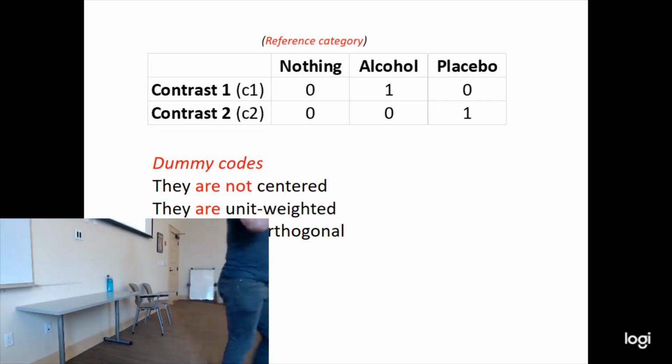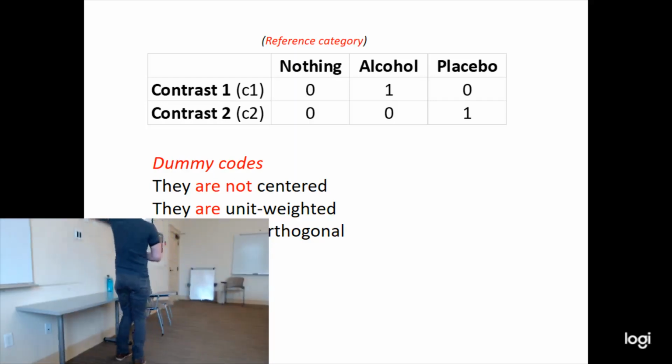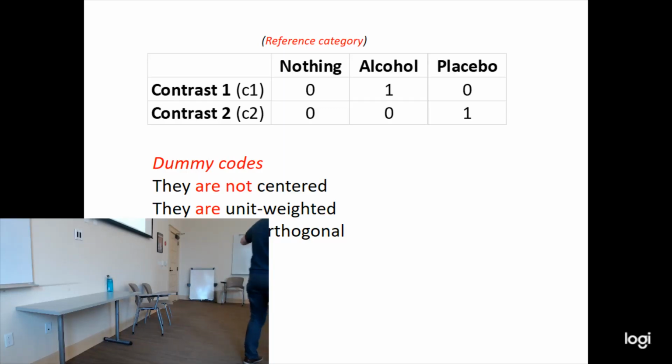So they're not centered. That's important. There is one similarity between this type of coding scheme and the ones we've looked at before. These are unit weighted. Again, unit weighting means that the distance between the minimum value and the maximum value is 1. That also has some implications for interpretation later on.